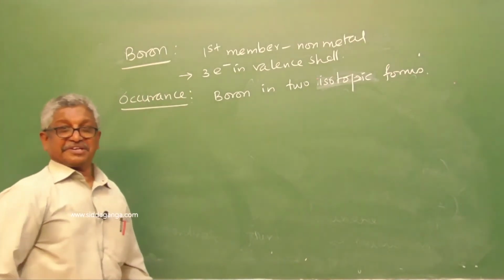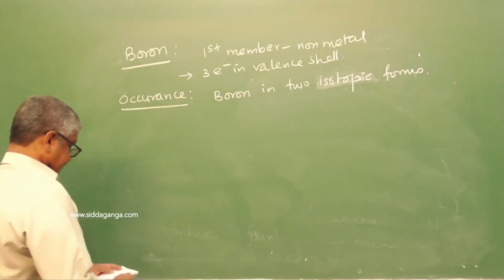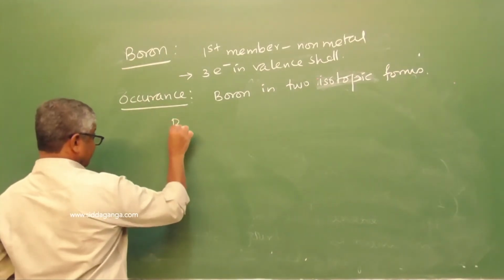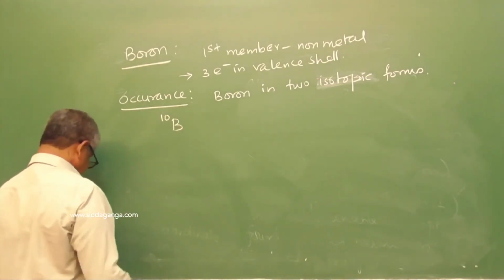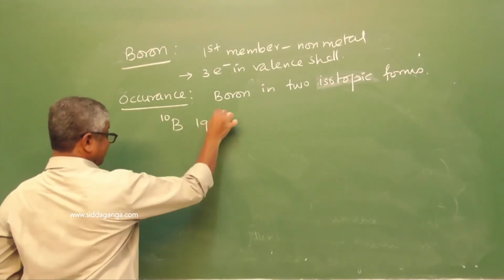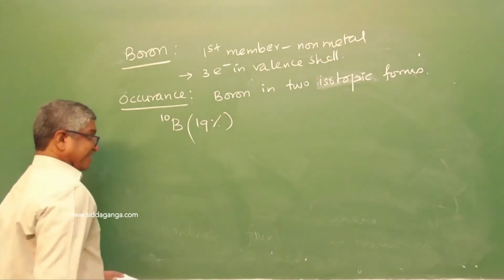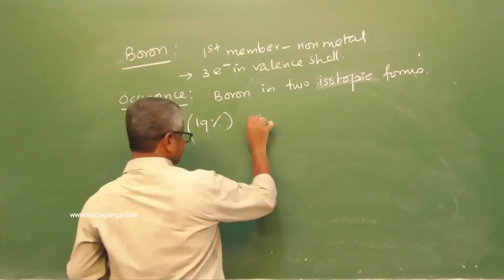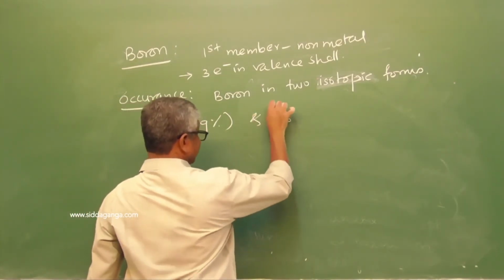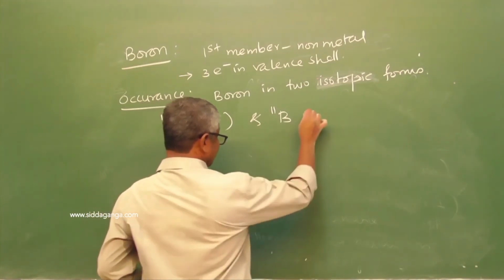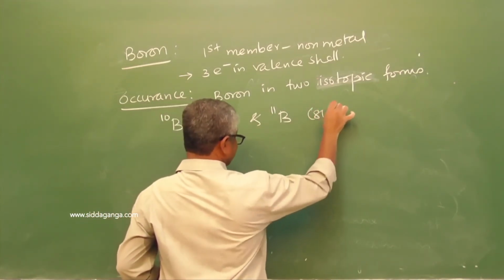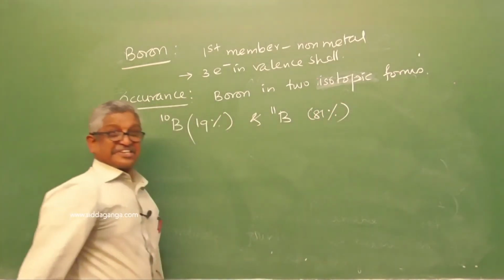One, boron with mass 10, is available about 19%, and boron with atomic mass 11 is available 81%.